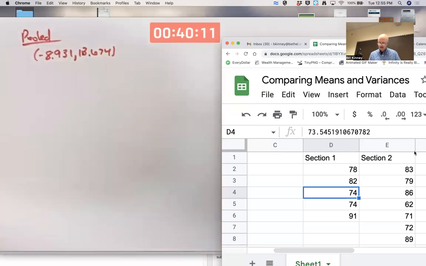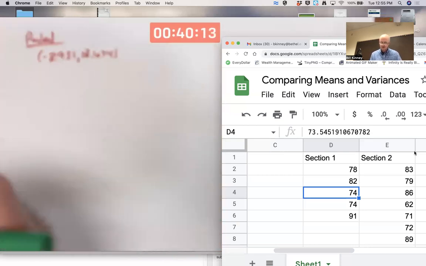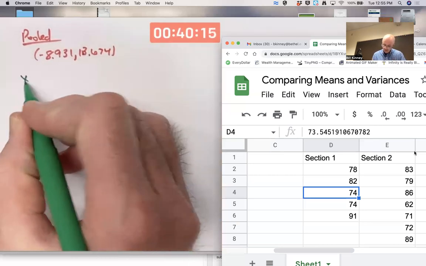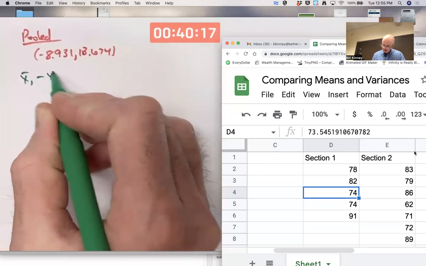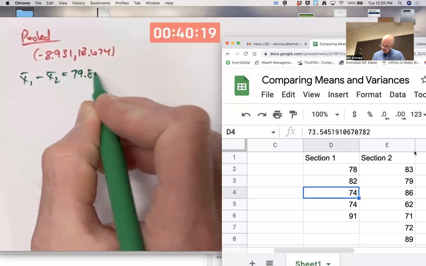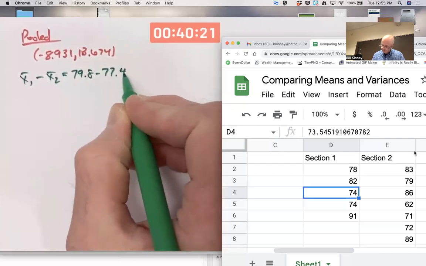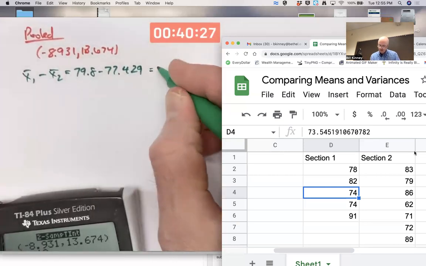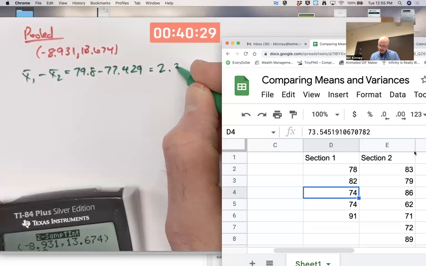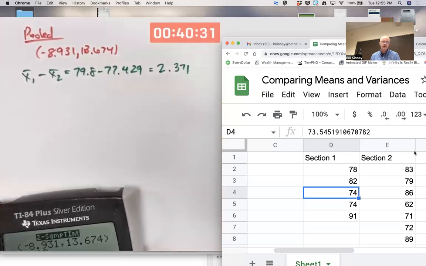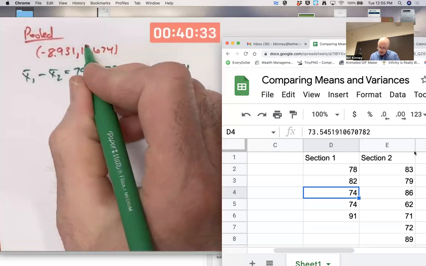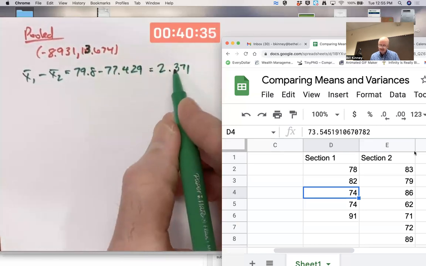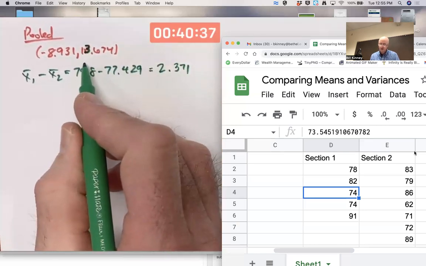And for reference sake, X1 bar minus X2 bar is 79.8 minus 77.429 approximately, which is 2.371. That's the center of this interval. What's the margin of error?